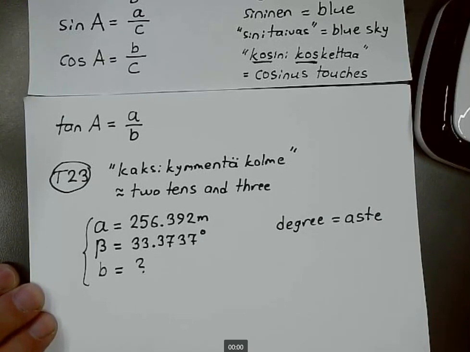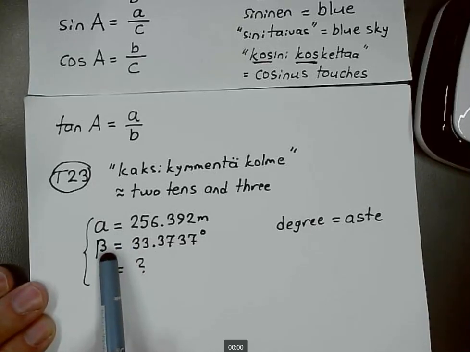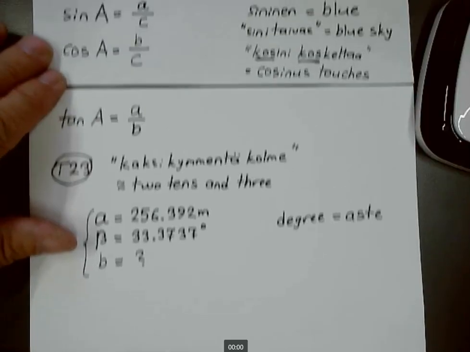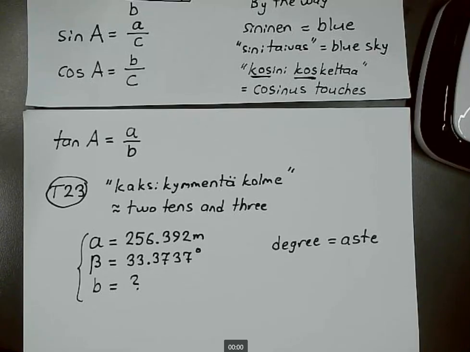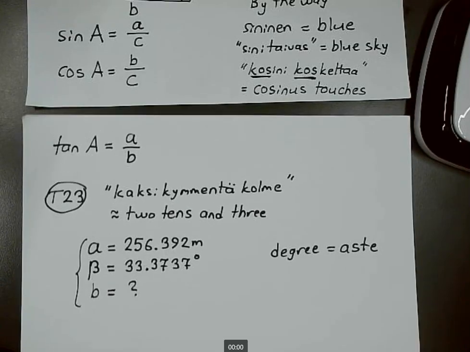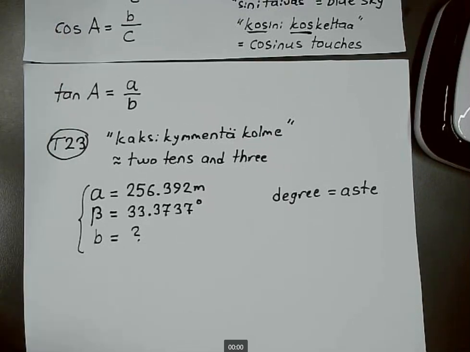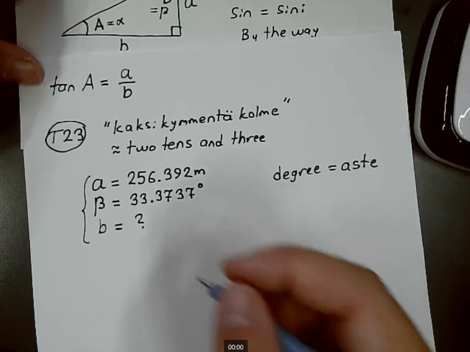If we know the length of A and the measure of angle beta or B, is it sinus or cosinus or tangent? I will write those functions here again with angle B.